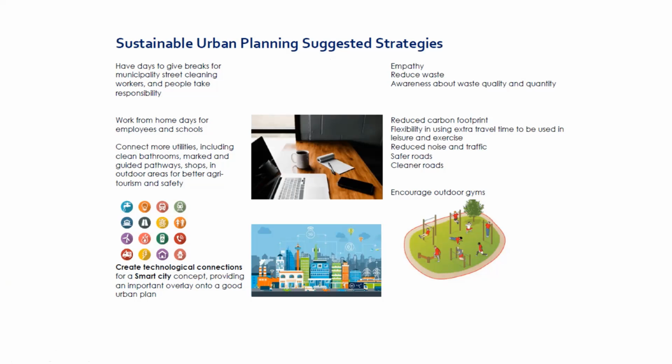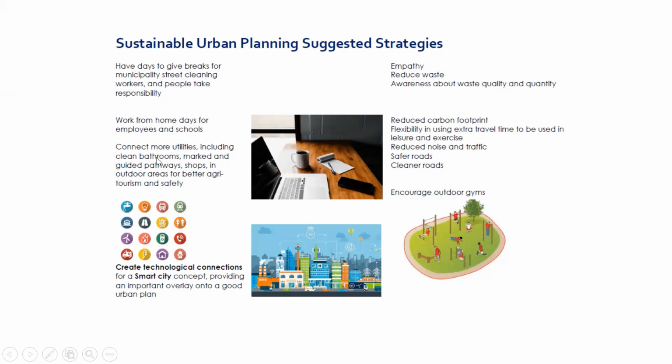People can work from home, and schools can also have a hybrid system where they can work from home. This will reduce the carbon footprint, give flexibility, reduce the extra travel time, and use that time in leisure and exercise. That will also reduce the noise and traffic and will create safer roads and cleaner roads.